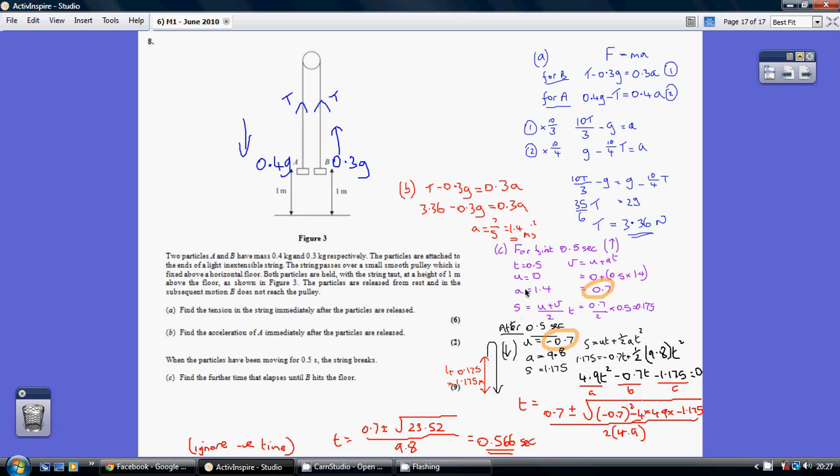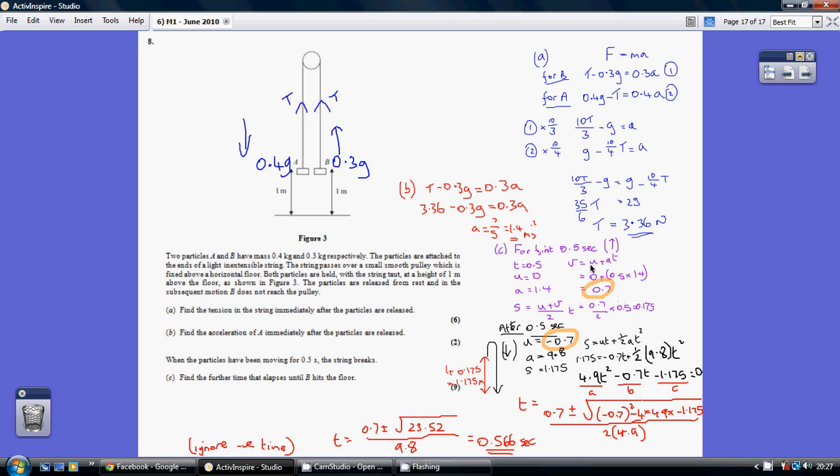So first of all, we know that t is 0.5, our initial speed is 0, and our acceleration is 1.4, which we worked out just a minute ago. Using S equals (U plus V) times T over 2, we can work out that the distance travelled is 0.175 meters.